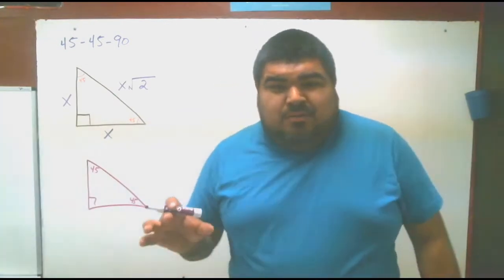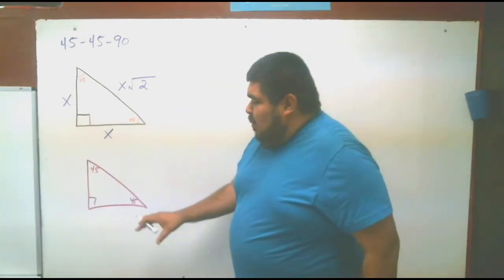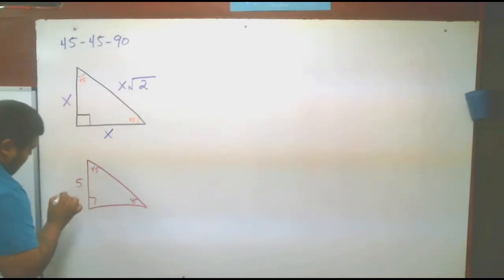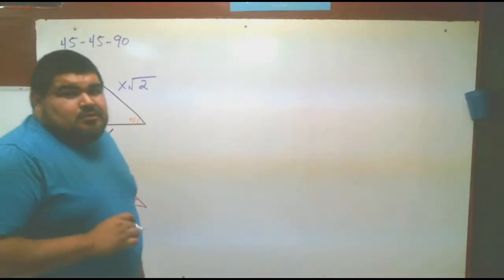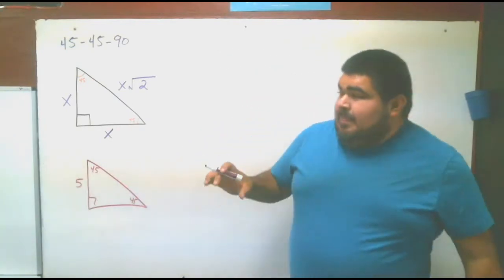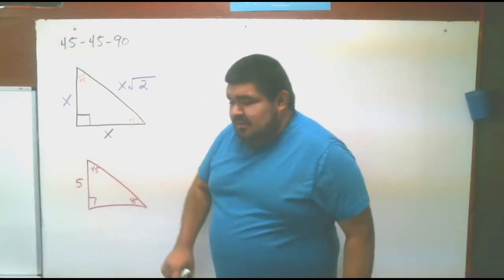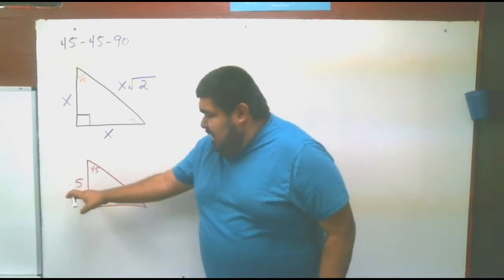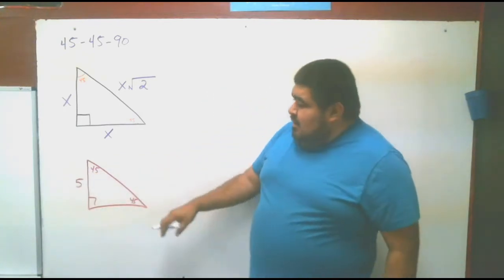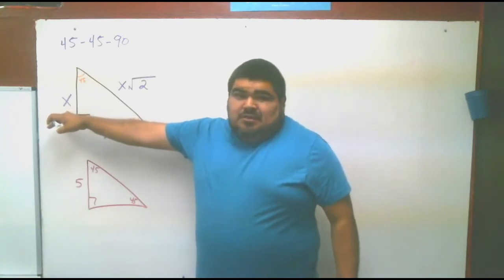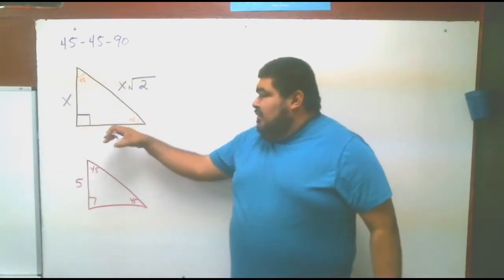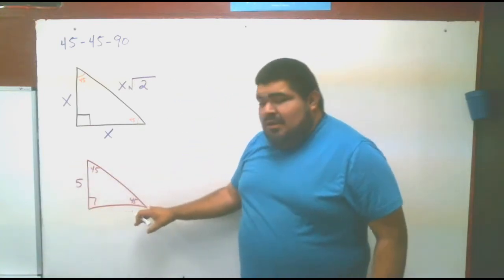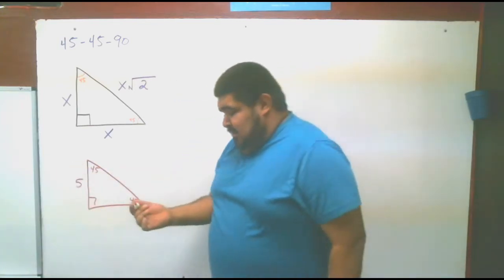On this triangle, we say that one of the sides is 5. So our side is 5. That means that the other side, across from the other 45, because remember, they're across from 45s, those are the sides. If x is one side, then x is also the other side from 45. If it's 5, then the other one is also 5.